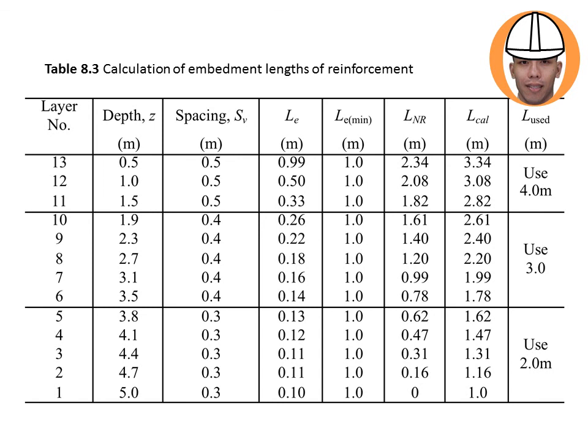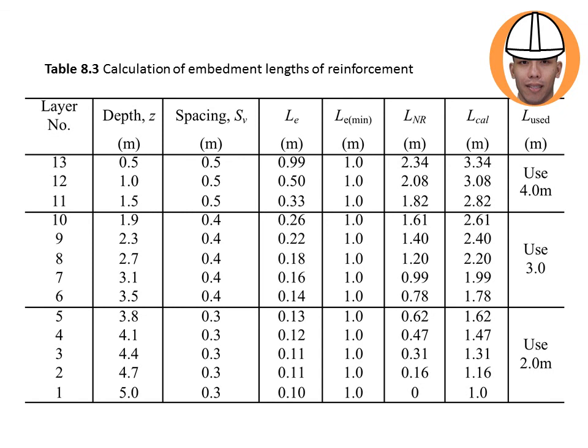And then this LE is made or resulted from the formula for LE. And based on standards, the minimum LE should be equivalent to 1. And for L and R, this one.